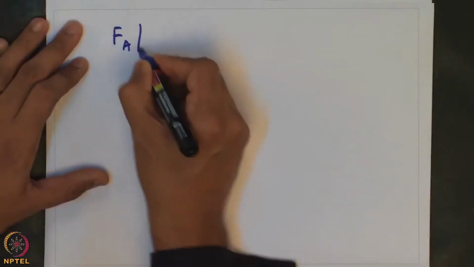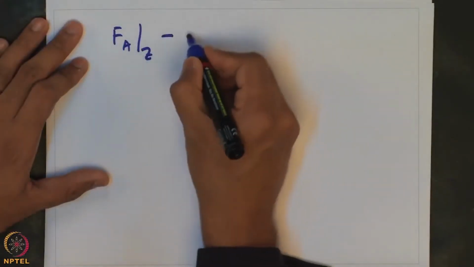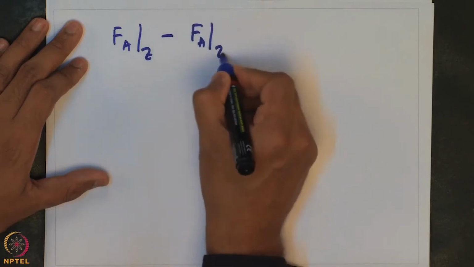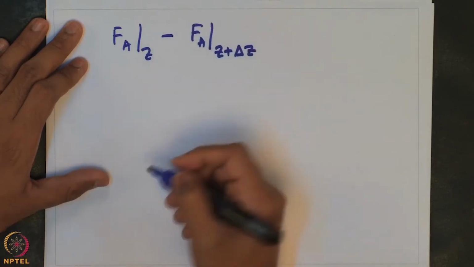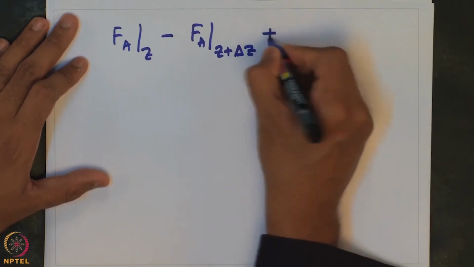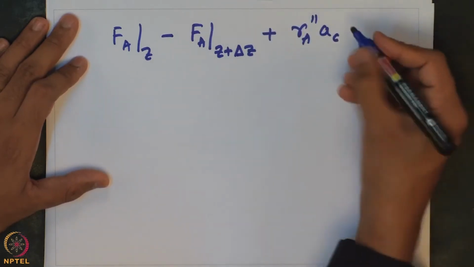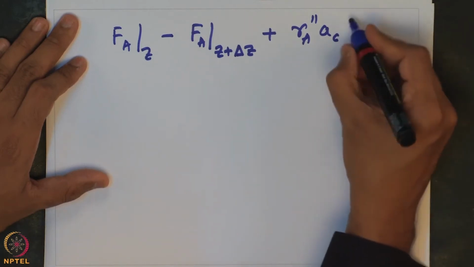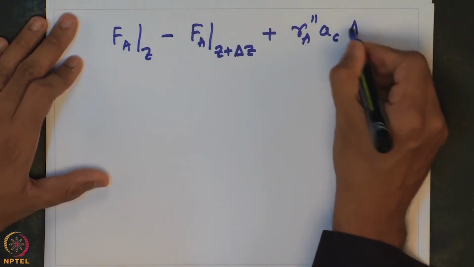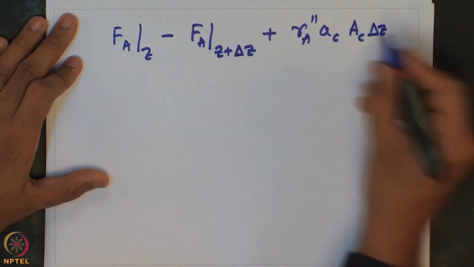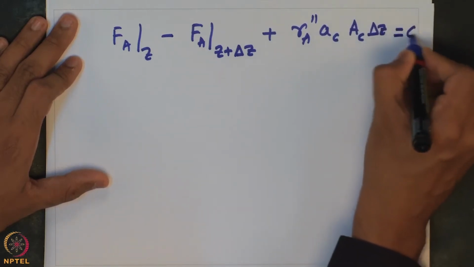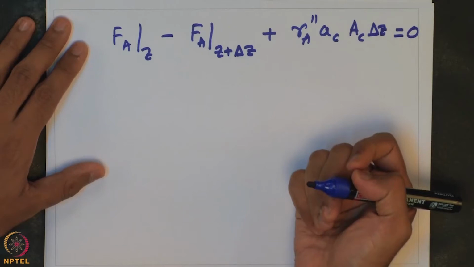So, what is the mole balance? The mole balance is the rate at which species comes into the element, which is Fa at Z, minus Fa at Z plus delta Z, that is the rate at which species leaves the element, plus Ra double prime into exterior surface area of the catalyst per unit volume of the catalyst multiplied by Ac into delta Z, that is the volume of the element, and that should be equal to 0 because accumulation is 0.